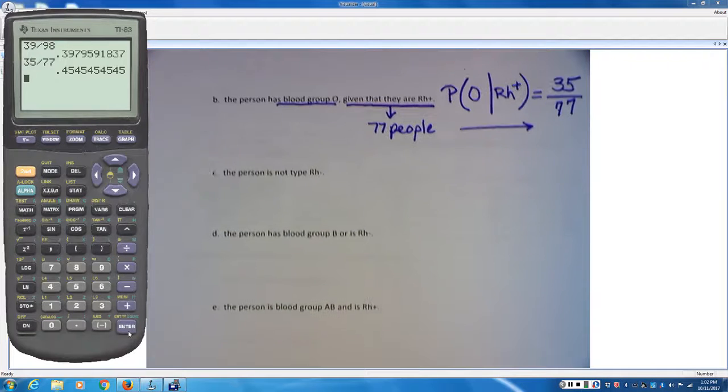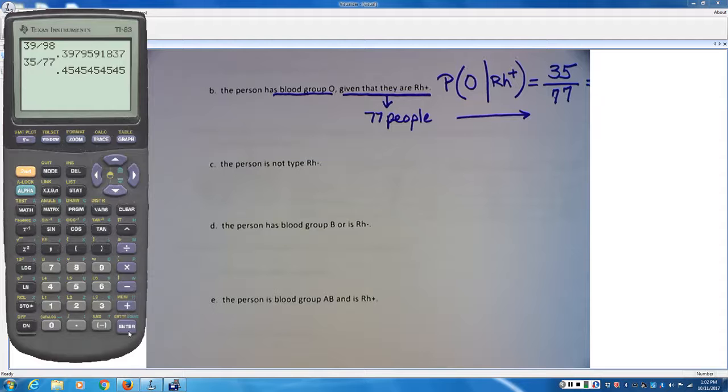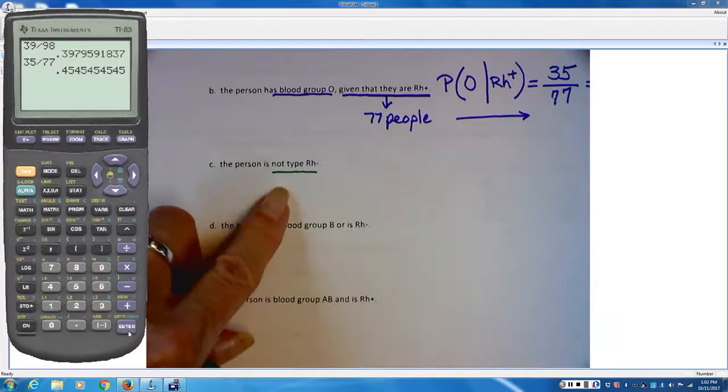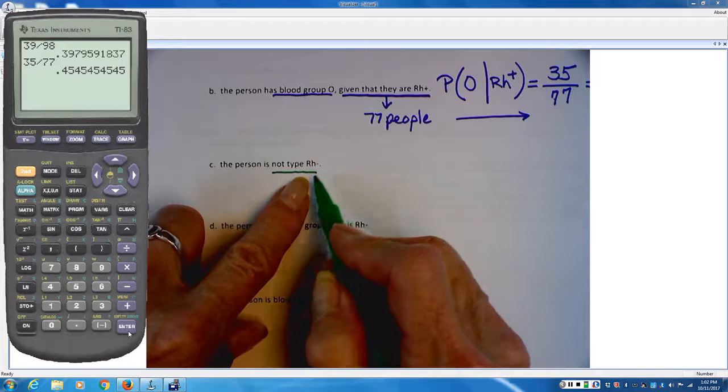The next question asks us, what is the probability that a person is not type Rh negative?